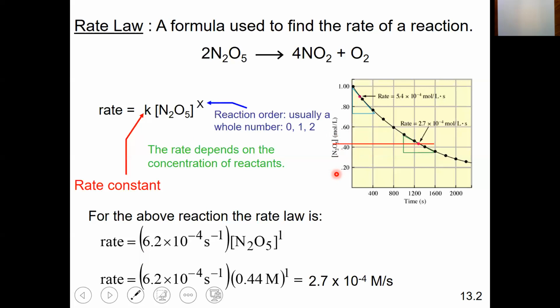All that is telling you the slope of the line at that point. If we had solved for something up here, like maybe 0.9-ish, we would have gotten 5.4 times 10 to the negative 4. You could actually set the rate equal to that and solve for at what concentration the rate equals that, but we're not going to.